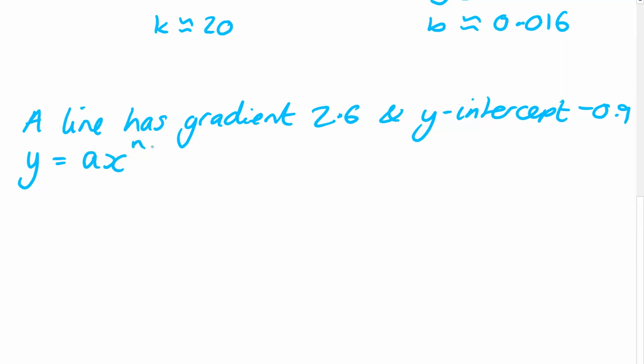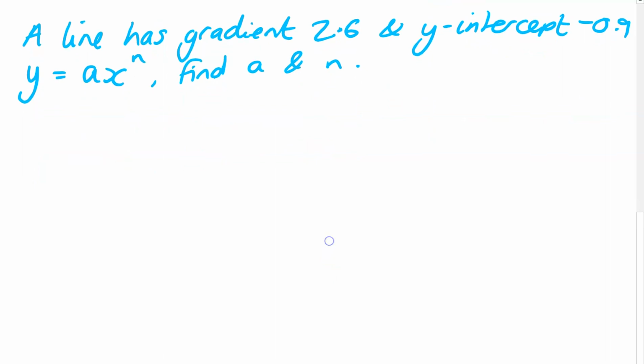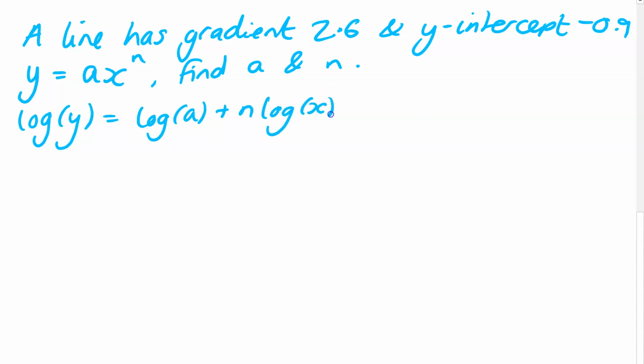It's a slightly different form, but it's still exponential, and we're trying to find a and n. So if we log it, we get log of y equals log of a plus n log x. The x is in a slightly different position.